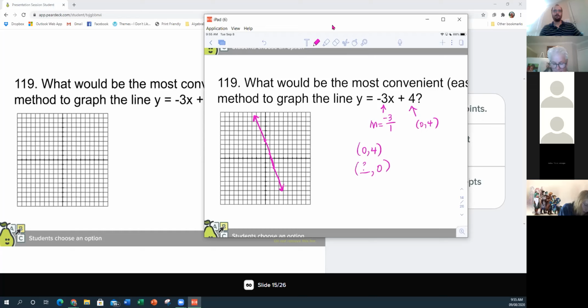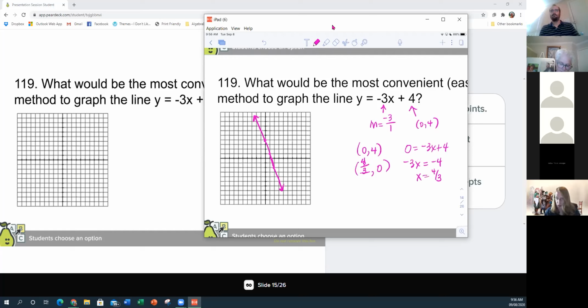So if I plug 0 in for y, I would get 0 equals -3x plus 4. Then I'd solve that for x. So -3x equals -4, so x would equal -4 divided by -3, which is 4/3. So the x-intercept would be 4/3, 0.